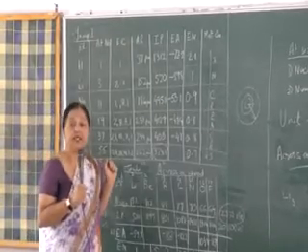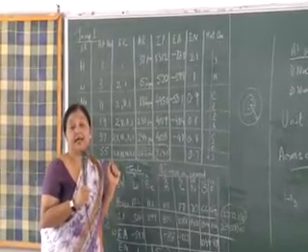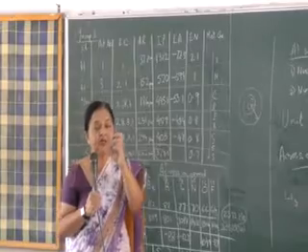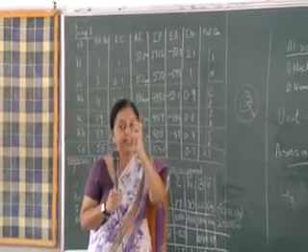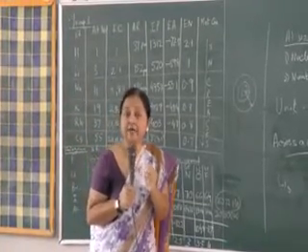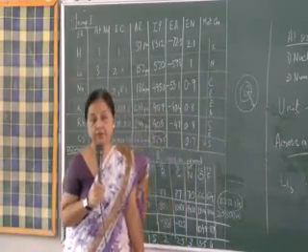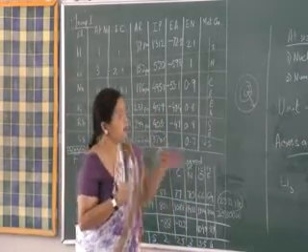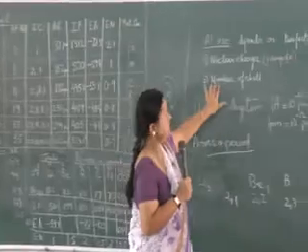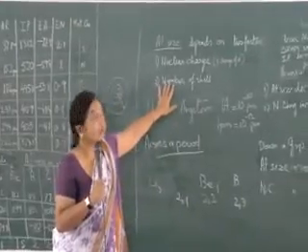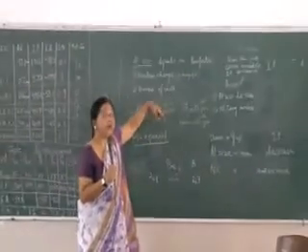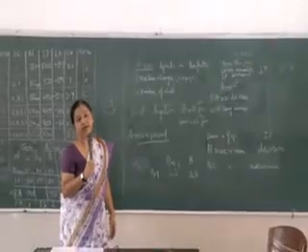Now nuclear charge keeps on increasing means the size should decrease because the nucleus is becoming powerful and it is pulling the electrons towards itself. It should decrease, but it does not happen so. The first factor, the number of shells, dominates over the nuclear charge.